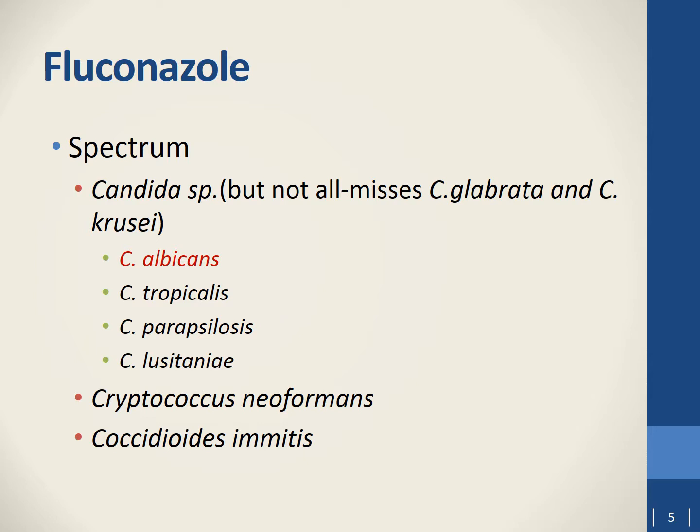So if you get an isolate back that was one of those two and your patient is on fluconazole, you could look at the susceptibility patterns. In some cases, we have what we call a dose-dependent susceptibility for glabrata, especially. If we push the dose high, we can still achieve a good outcome. However, for empiric use, we would definitely not use it without susceptibility information for those isolates.